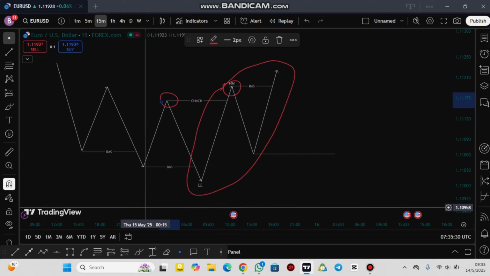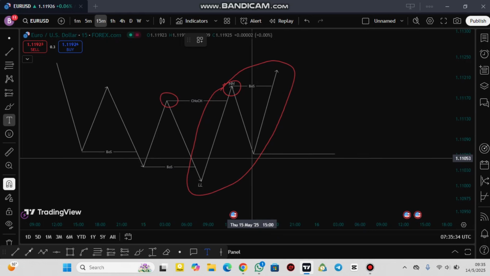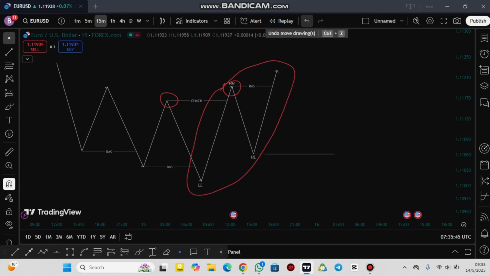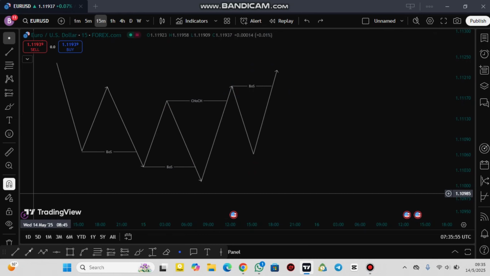This is our higher low, HL, because this low is higher than this low. Okay, cool. So that means before price even starts to go bearish, price was somewhat bullish. All right, so let's continue.